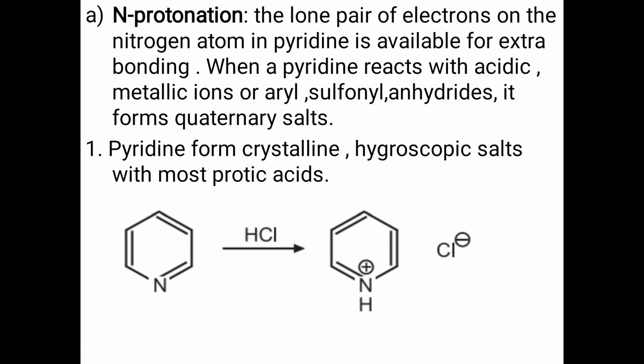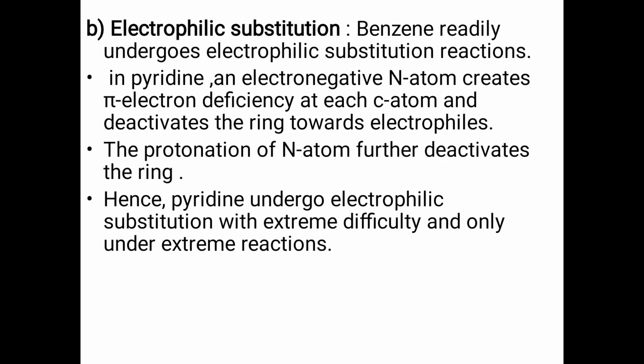Then is the N-protonation. The lone pair of electrons on the nitrogen atom in pyridine is available for extra bonding. When pyridine reacts with acidic metallic ions or acyl or sulfonyl anhydrides, it forms quaternary salts. Pyridine forms crystalline hygroscopic salts with most protic acids.